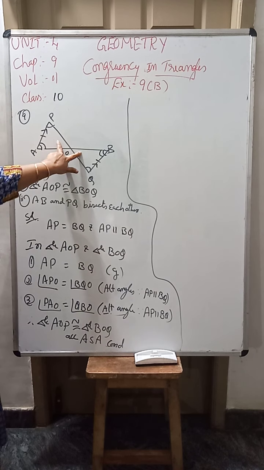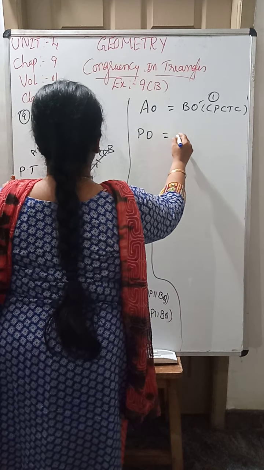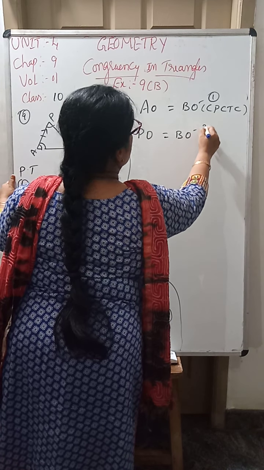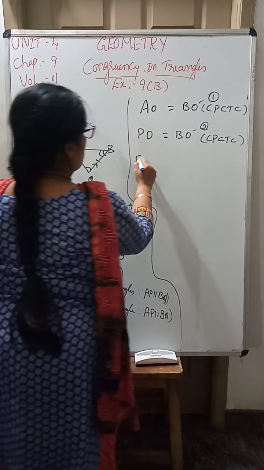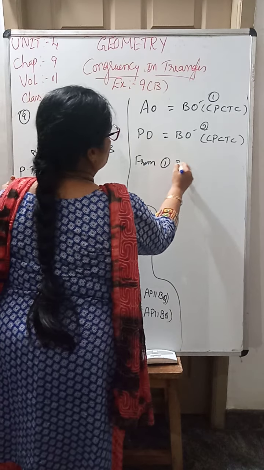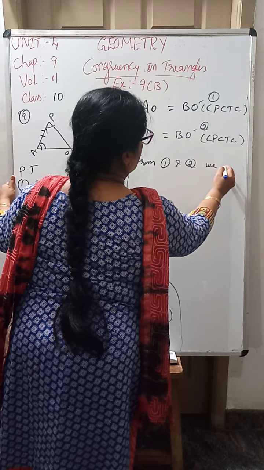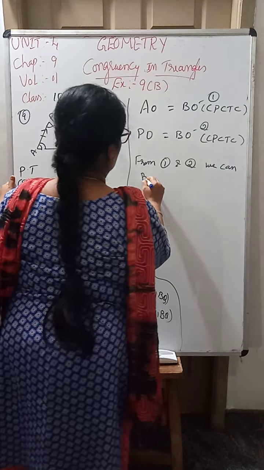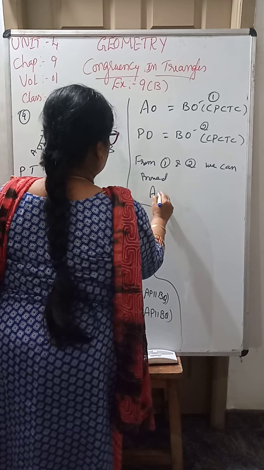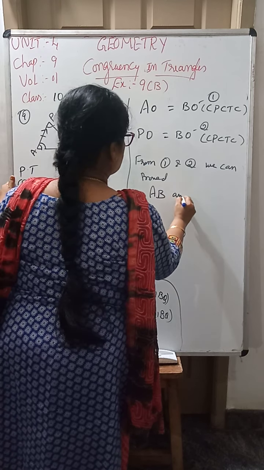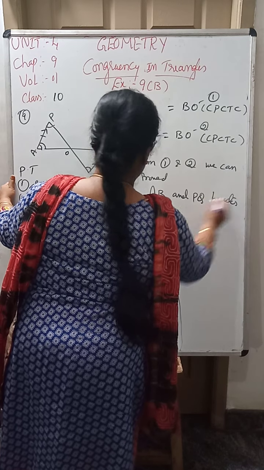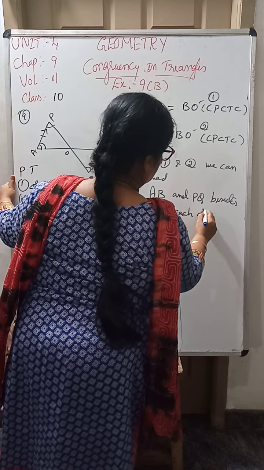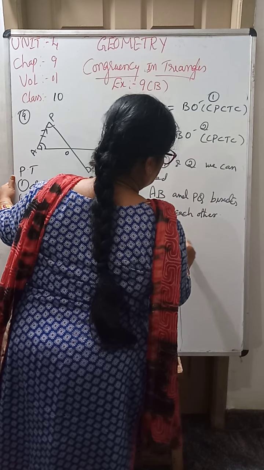Call this as 1. PO is equal to QO. Call this as 2. This is also CPCTC. From 1 and 2, we can prove AB and PQ bisect each other. Hence proved.